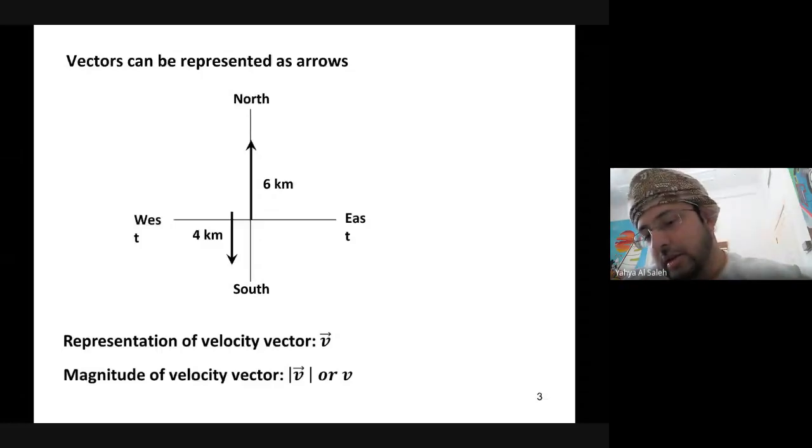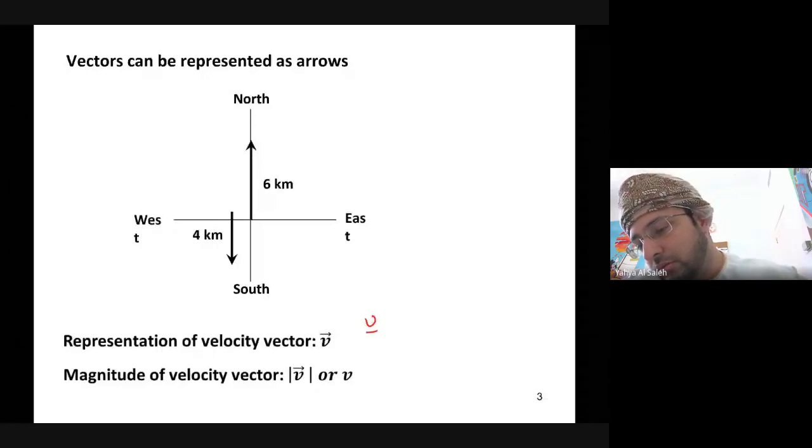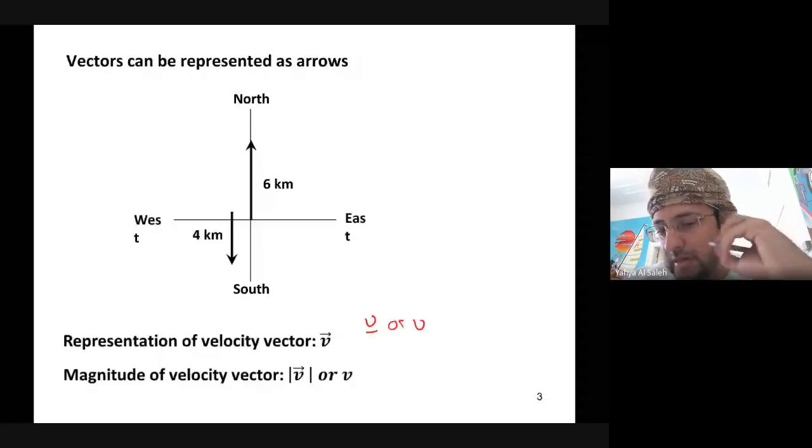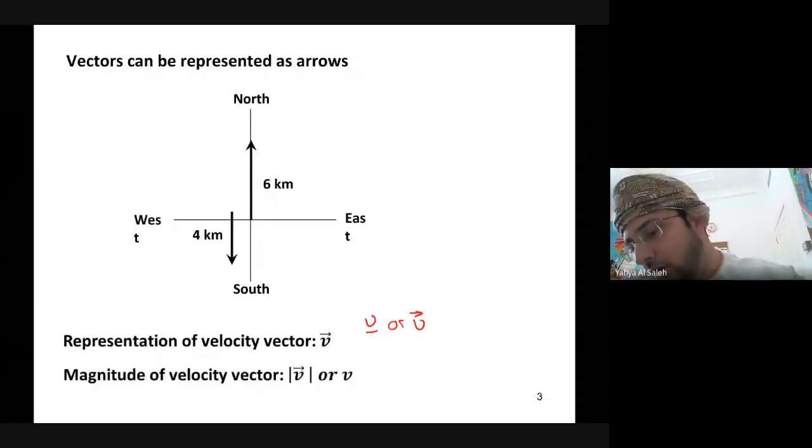So we can write it with an underscore or with a tiny arrow on top of it, or we can make it bold.